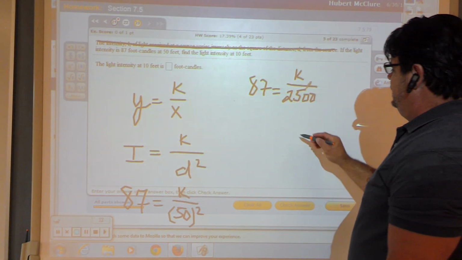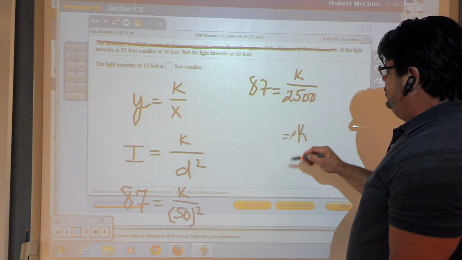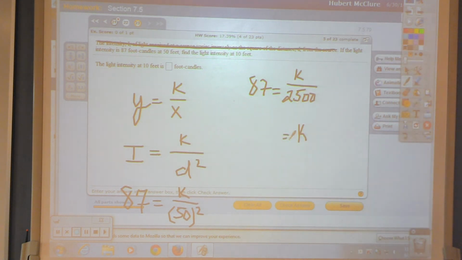So multiply that out, K is equal to, somebody multiply that out for me, 2,500 by 87, what does it come out to be?